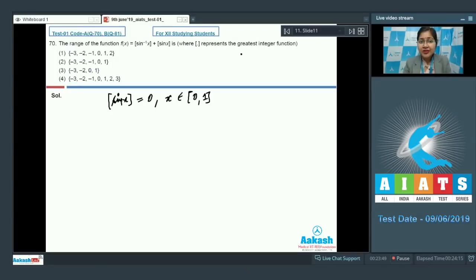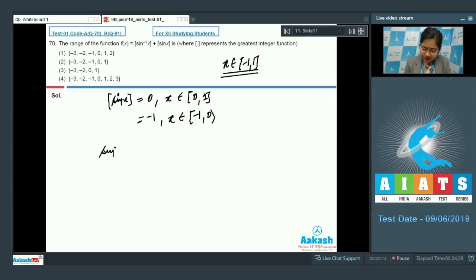Now here, firstly the domain can be checked as we have the sine inverse x function here. So the domain of the function is x belonging from -1 to 1, right? Now greatest integer of sine x will be equal to -1 when x will belong from -1 up till 0. Very simple.